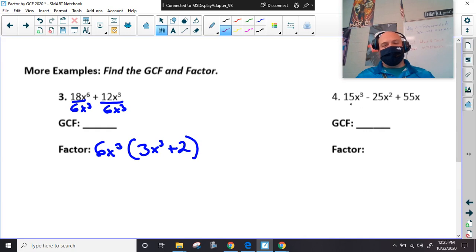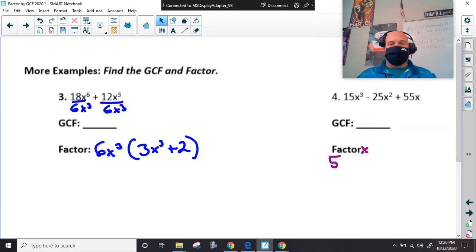All right. Number 4, 15, 25, and 55. What's the biggest number we can take out of all those? 5. All right. What's the smallest power of x? X to the first. Yep. So I'm going to divide all this by 5x.